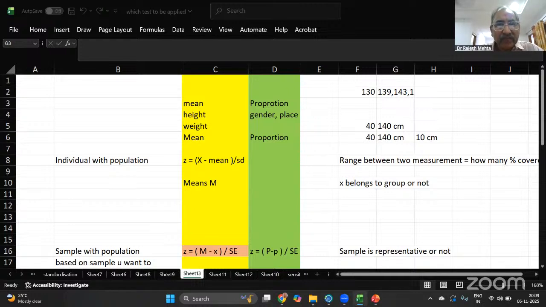Everyone need to write down variable from which we can find out mean. You can write height, weight, chest circumference, head circumference, or the visual acuity number, age of all students in the class.